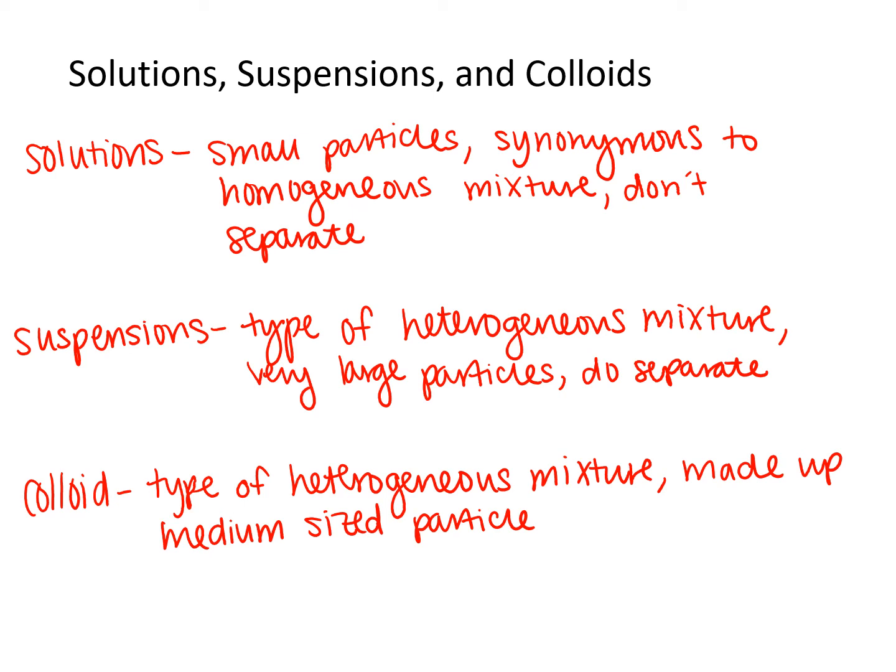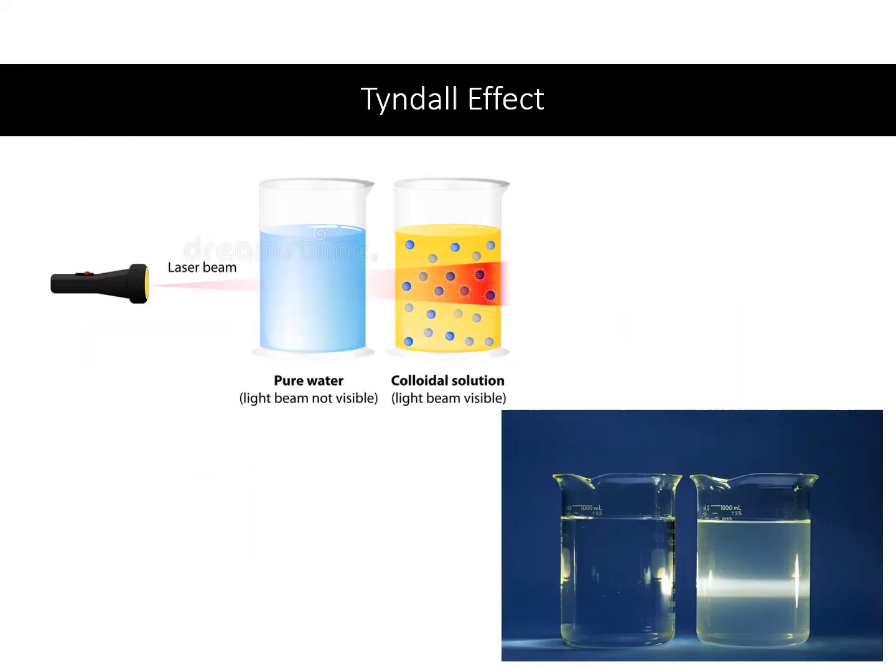And because they're not as big as the particles that make up suspensions, these mixtures also do not separate. But they're going to appear a little bit more cloudy or a little bit less see-through than what we are going to see with solutions, because the particle size is going to be larger.